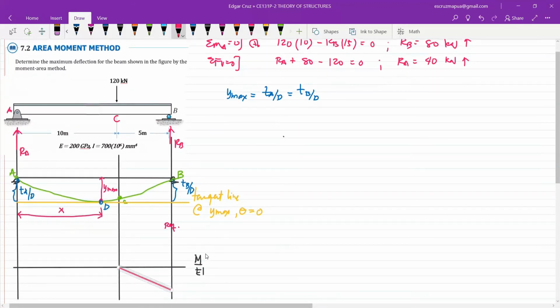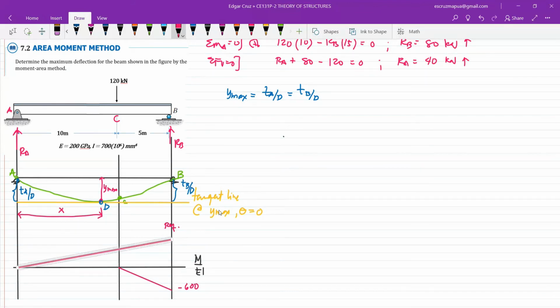That would be 120 times the distance of 5, so we got 600. Sa baba siya, kaya negative 600. Tapos, yung reaction naman natin sa RA is 40. Yung effect niya pagdating sa point B, that would be 40 times the moment arm of 15, that is 600. Sa taas, kaya positive 600. So ang moment diagram by parts natin, dalawang triangle.